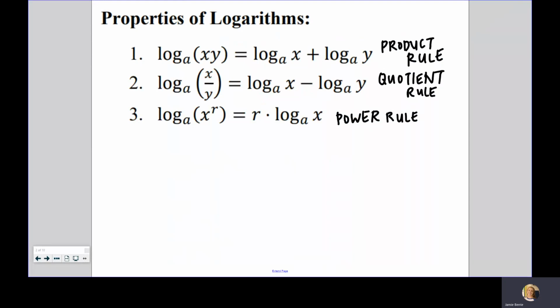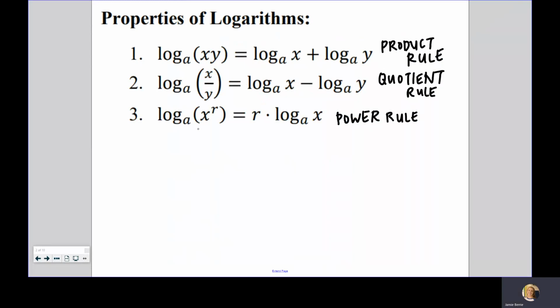So if it's a product, you separate it with a plus. The quotient rule says if you have log base A of some quotient, x divided by y, then that's equal to log base A of x minus log base A of y. So those 2 rules are very similar. The only difference is that here we have a plus, here we have a minus.